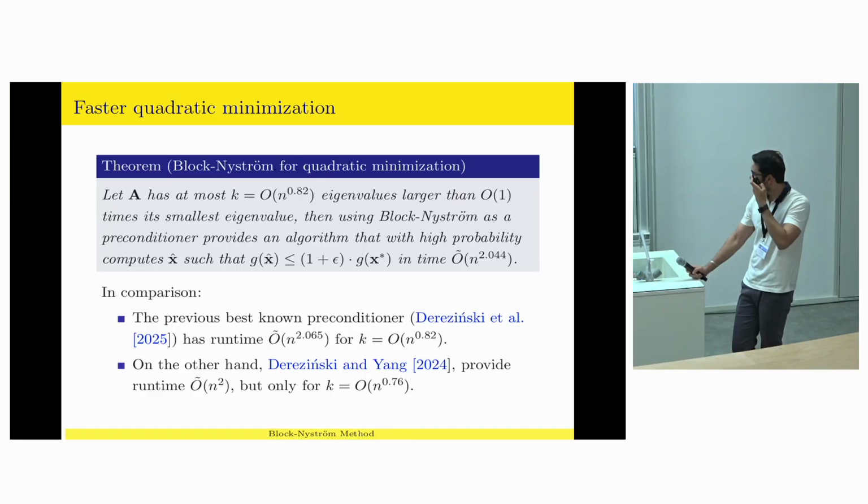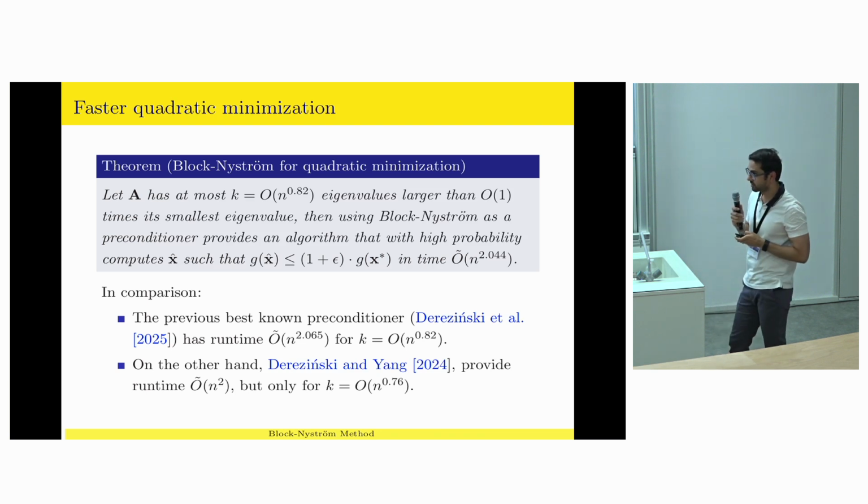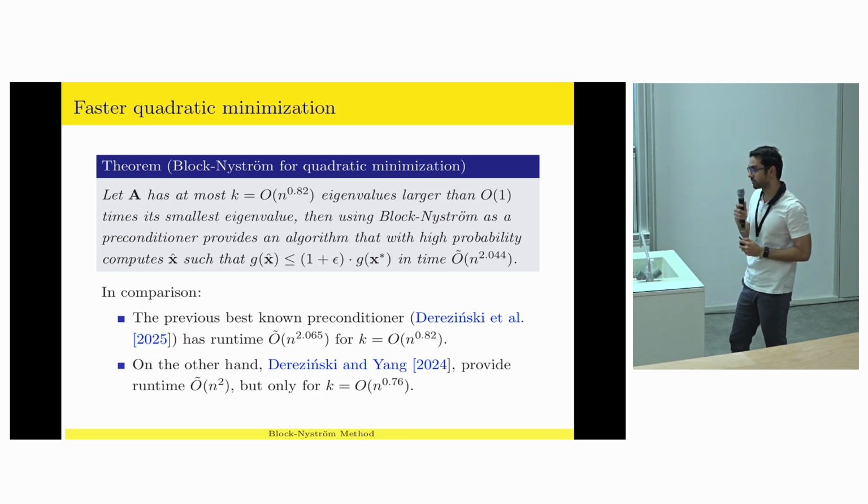Yeah. So for solving linear systems, the go-to approach is preconditioned conjugate gradient. Those algorithms have a condition number dependence. Every iteration is n squared, and then you have a square root of the condition number. So our approach has no condition number. We use this block Nystrom as a preconditioner to get rid of the condition number of the problem.